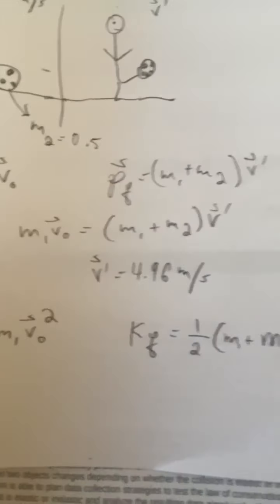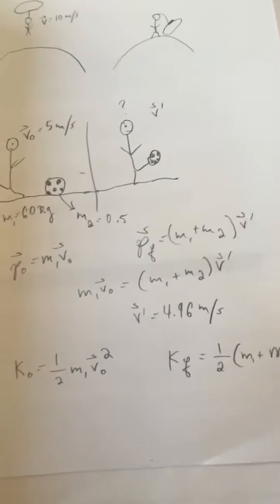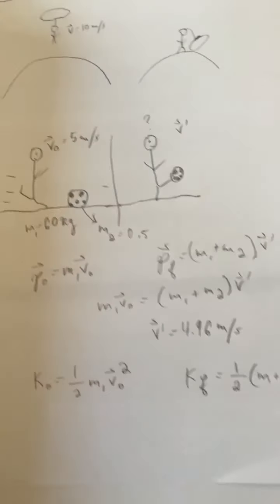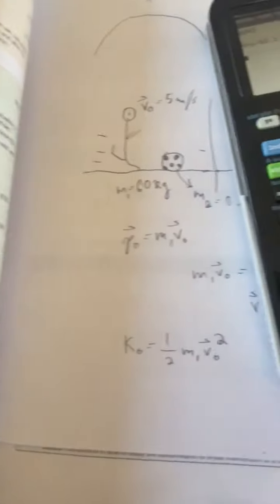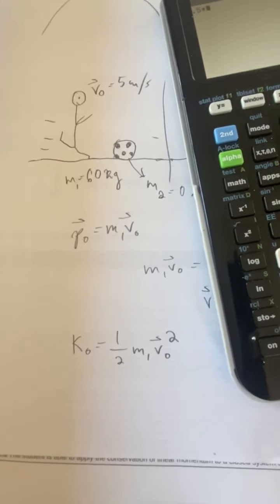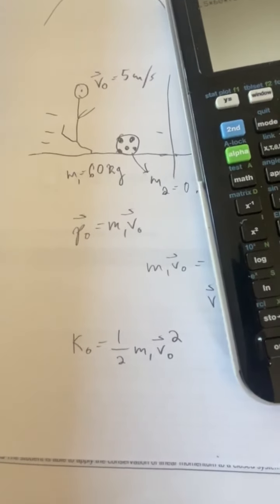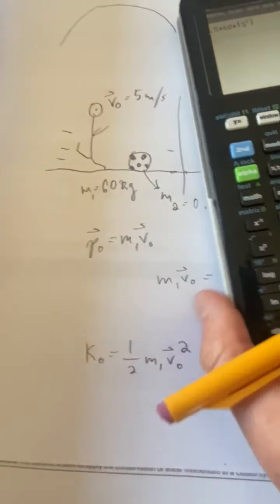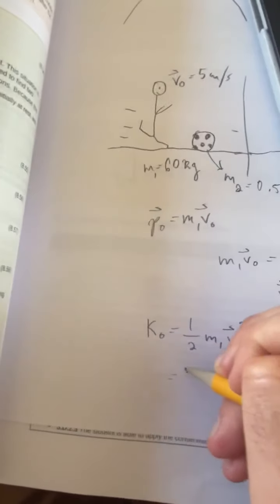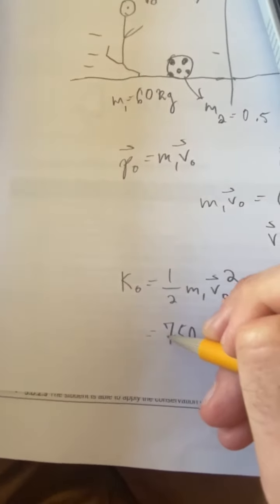So again, you might think on a somewhat intuitive level that these should be equal, but let's just see. For the initial kinetic energy, we'll do 0.5 times 60 times 5 squared, so 25. And so we get a nice, neat, round 750 joules of initial kinetic energy.